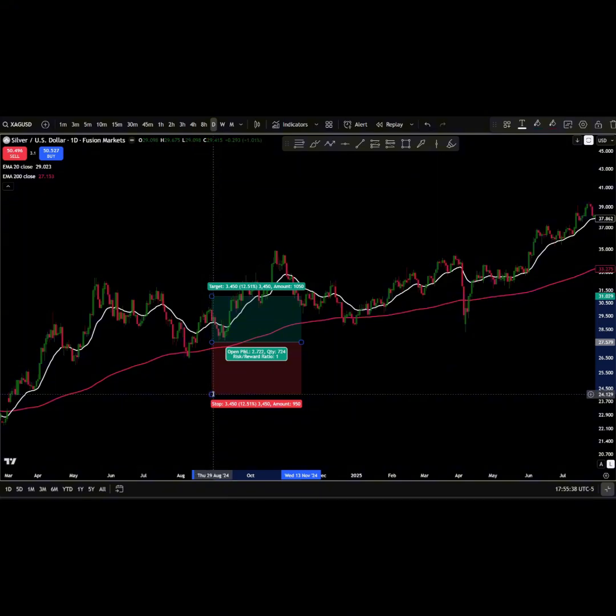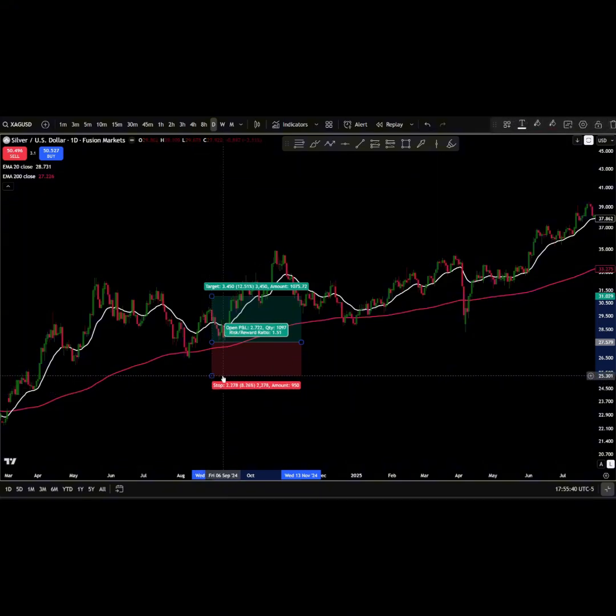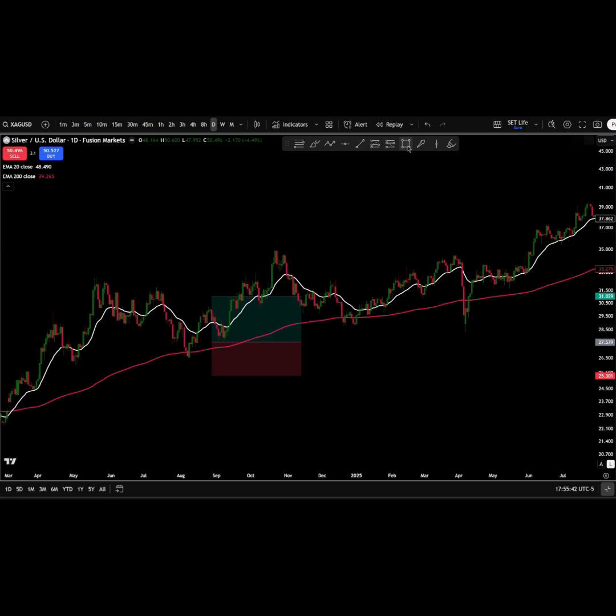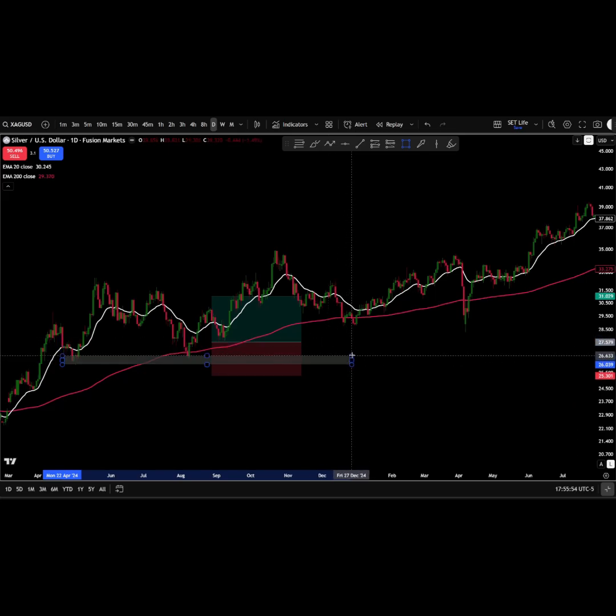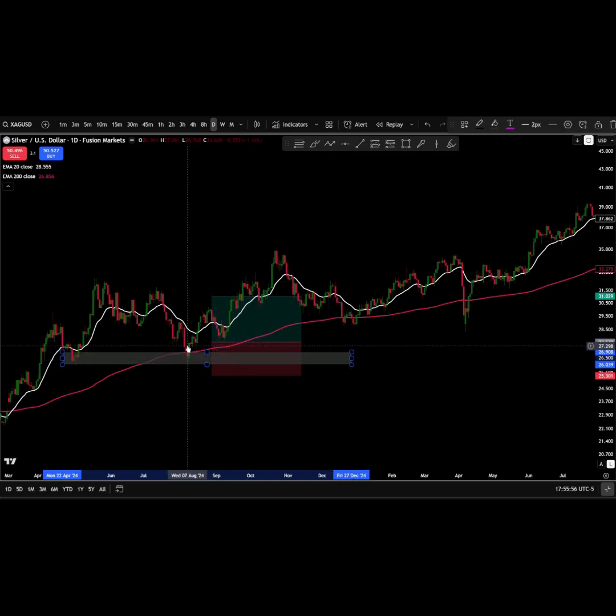And since this is the support area, you can see right here, we have a bounce, and a bounce again in this zone right here.